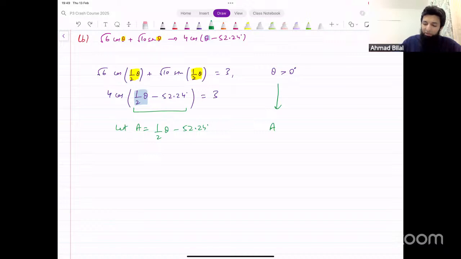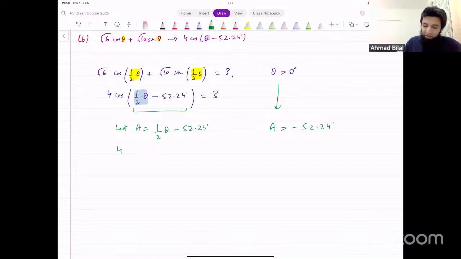Adjust the interval as well. What's the corresponding value for A that we get? Let's input 0 in place of theta. We get A greater than minus 52.24. That's the interval for A that we have. Okay, now keep that in mind. This is important. You need to make sure that you're adjusting the interval as well. Okay, so the interval is adjusted.